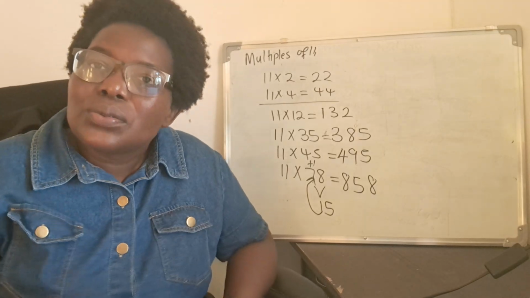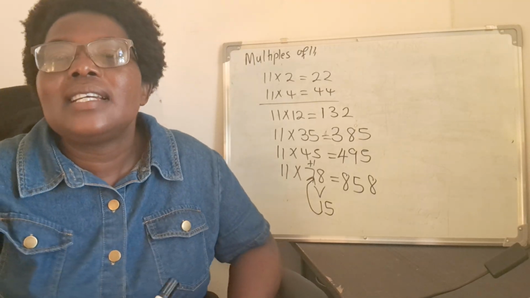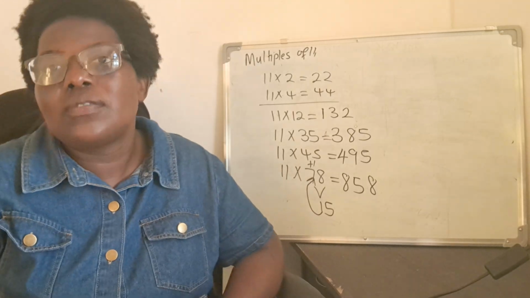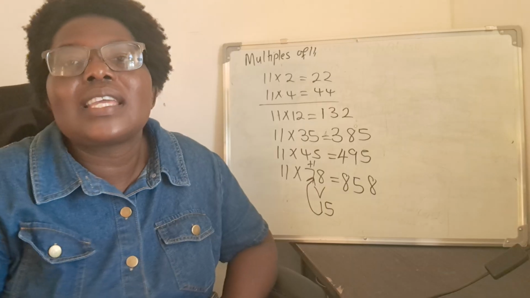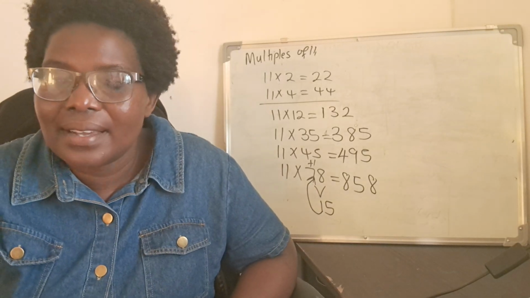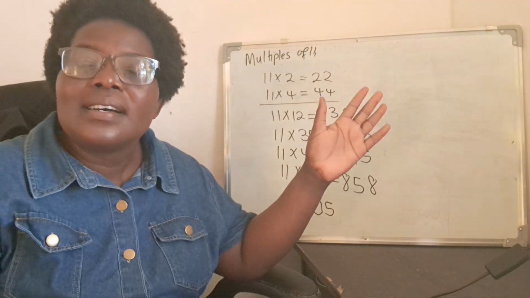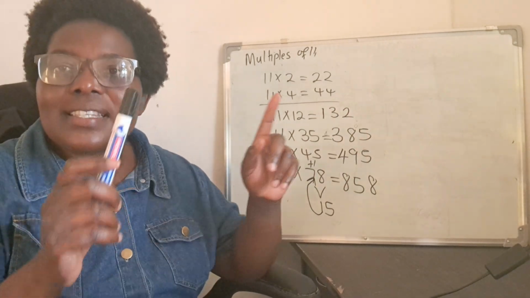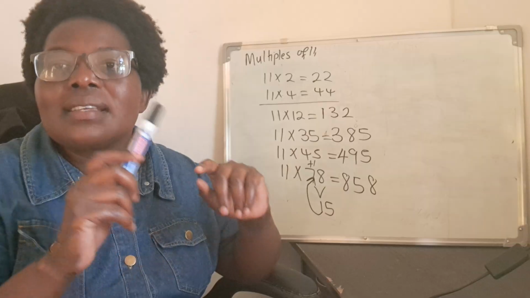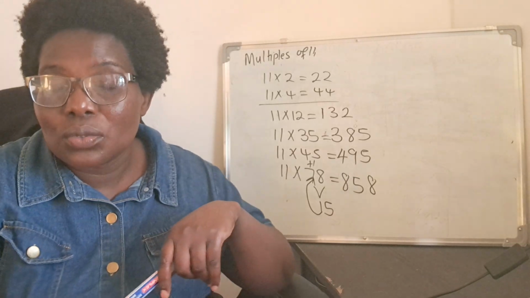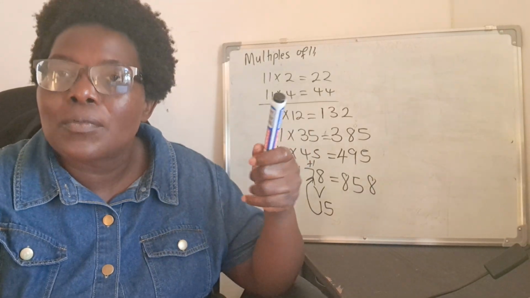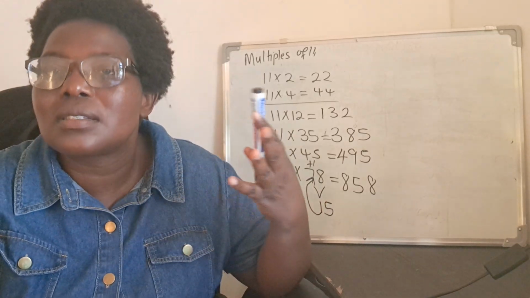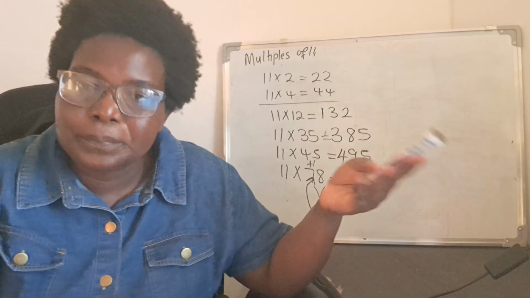Then the second rule, if you are multiplying 11 with any number that is above 10, or else any 2-digit number, you write the first number on the left, and then you write the second number on the right, and you add those two numbers, then you write the answer in the middle. That is, if the sum of those two numbers is less than 10.